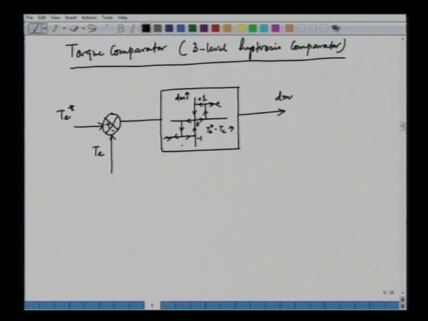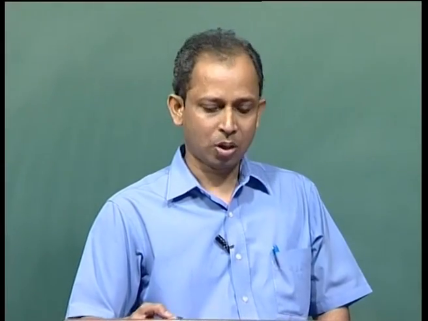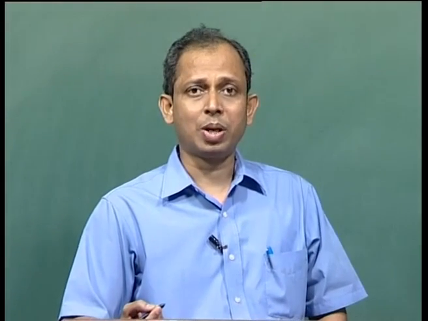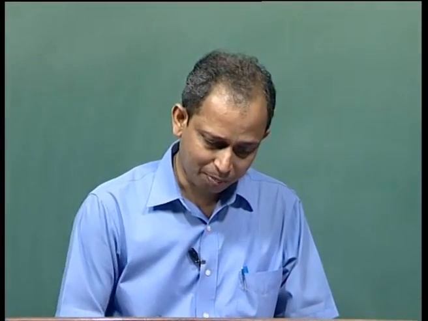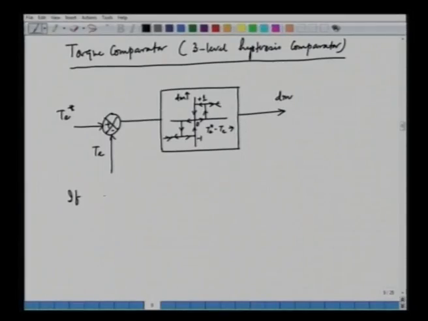So, we can have +1, 0 or -1 depending upon the operation, depending upon the error and how the error is increased or decreased. So, we can also write a set of logic statements to implement a 3-level torque comparator. And the logic statements are as follows. If T e star minus T e is greater than H m, H m is the half of the hysteresis band for the torque.